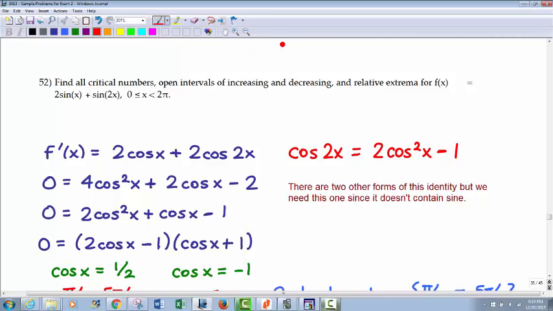Let's see. The derivative of 2 sine of x would be 2 cos of x. Now be real careful here because the chain rule comes into play. The derivative of sine of 2x is not just cosine of 2x.